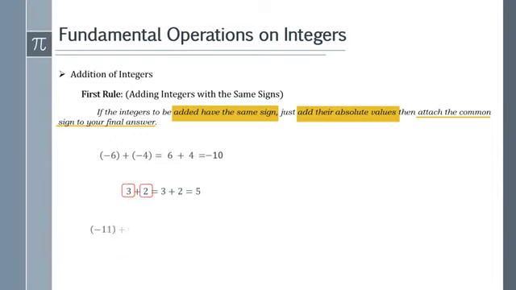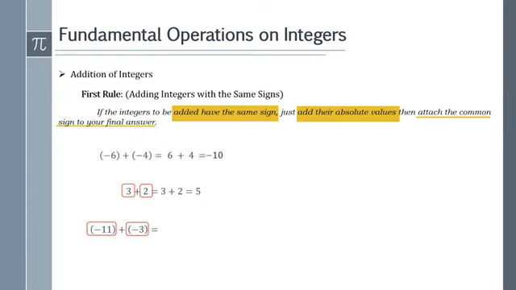So, your answer is positive 5. Okay? So, next. You have negative 11 plus negative 3. Again, according to the instruction, the first rule, if you add numbers with the same sign, you check if they have the same sign. So, you have negative 11 and negative 3, correct? They have the same sign. So, if they have the same sign, what do you do? Add their absolute values. The absolute value of negative 11 is positive 11.